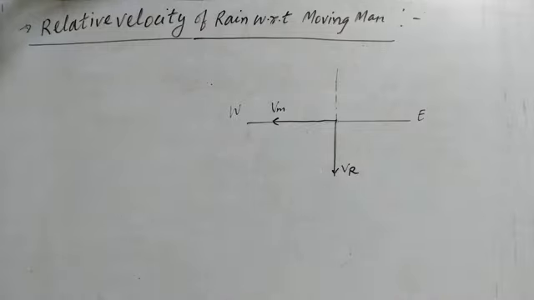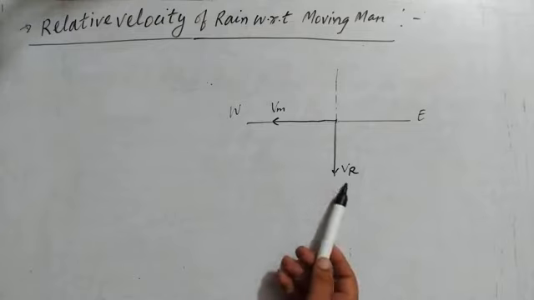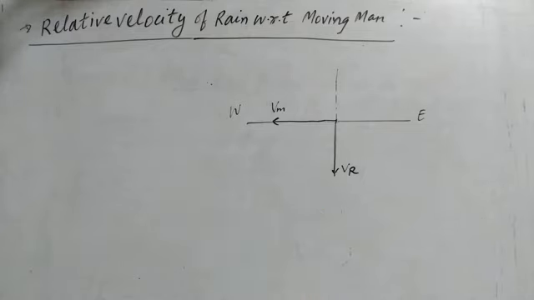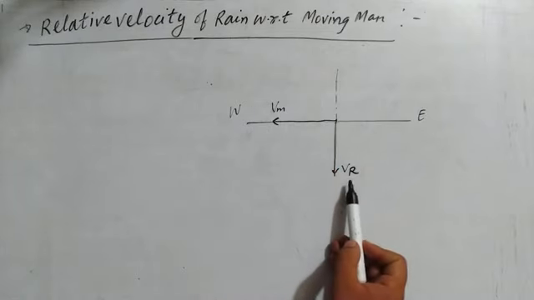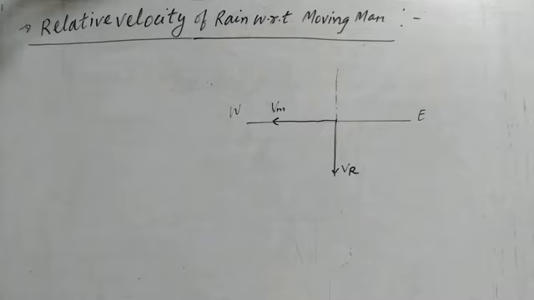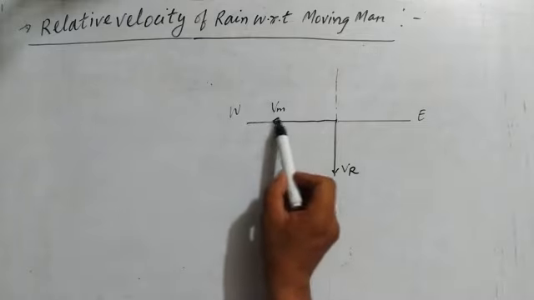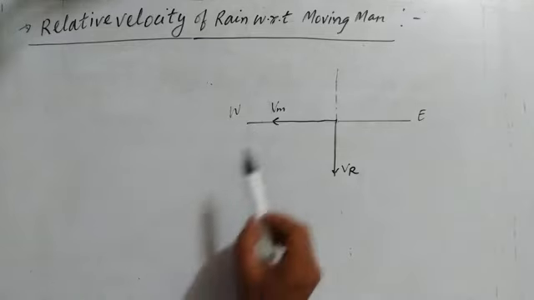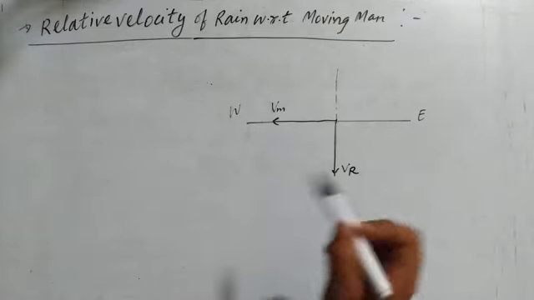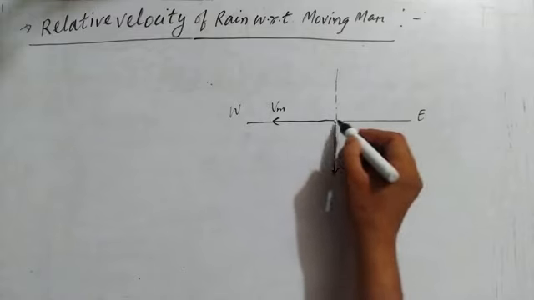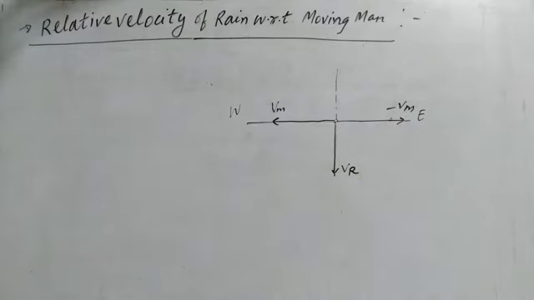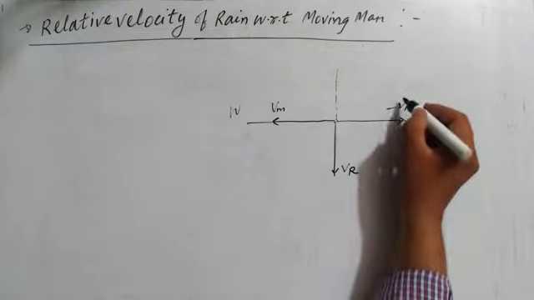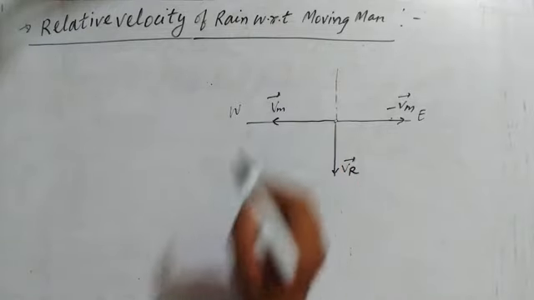For this we will find the relative velocity of the rain with respect to the man. We know that for finding relative velocity we bring one object to rest and start moving the other object with the combined velocity. So we will bring this person to rest by adding the negative of his velocity. So we will take this to this side, say this is minus Vm. Put the vector sign.